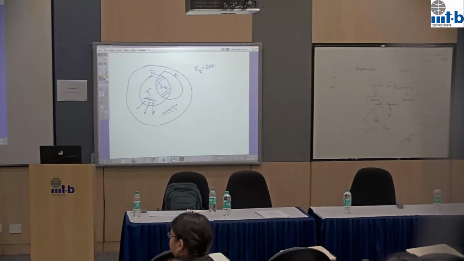Because we have assumed that this is not in the solution, if there is an edge here, can we have a solution which will not contain any of this? No, that is possible.